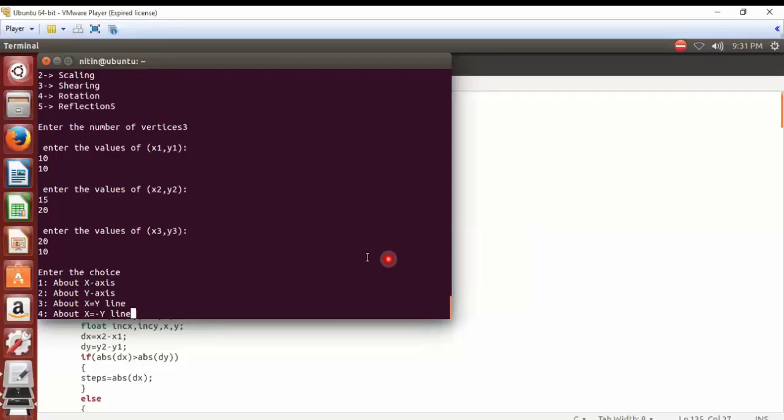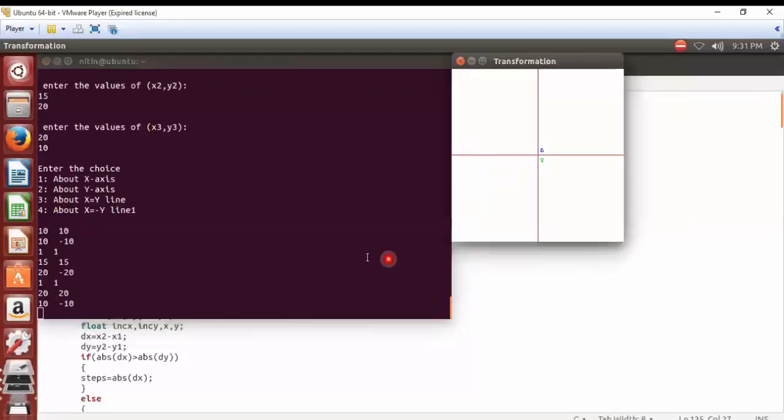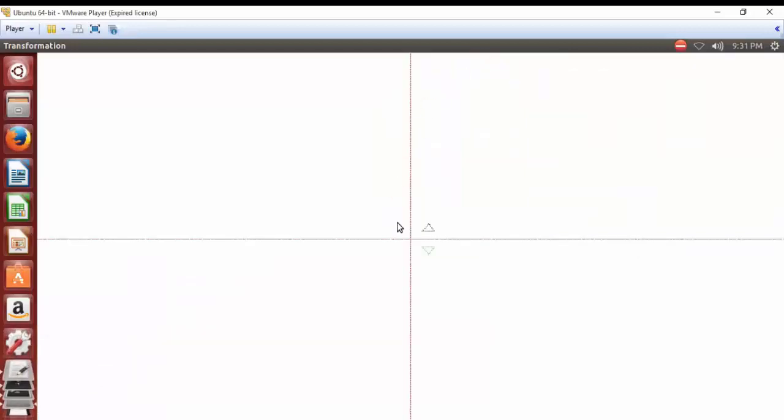In reflection, again we are having reflection about x-axis, reflection about y-axis, reflection about x equal to y line, and reflection about x equal to minus y line. So let's see all one by one. First about x-axis. So this is what output we got. Reflection of original triangle about x-axis.